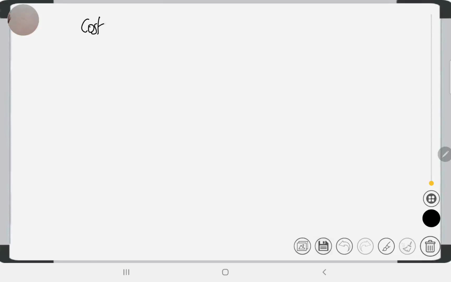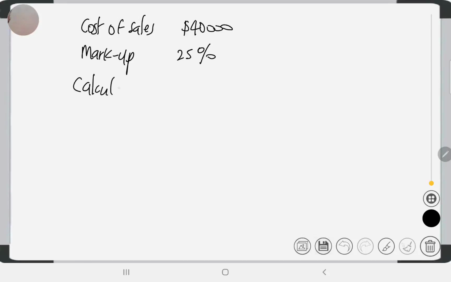Now let's calculate using gross profit markup. Cost of sales $40,000, markup 25%. We are going to calculate gross profit.